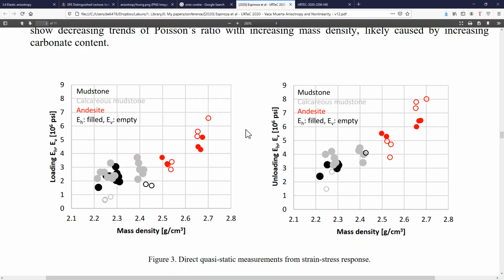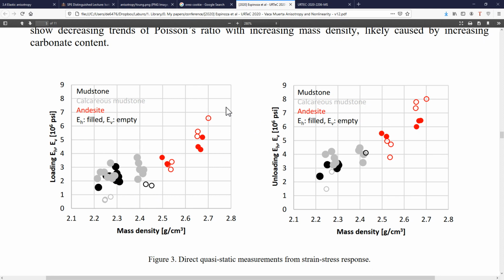Here, this is a study of mine in which we measure horizontal Young modulus and vertical Young modulus for organic rich shales. And for example, here the shales in gray and black, you can see that clearly the horizontal Young modulus, with filled symbols, is larger than the vertical Young modulus, with the empty symbols.